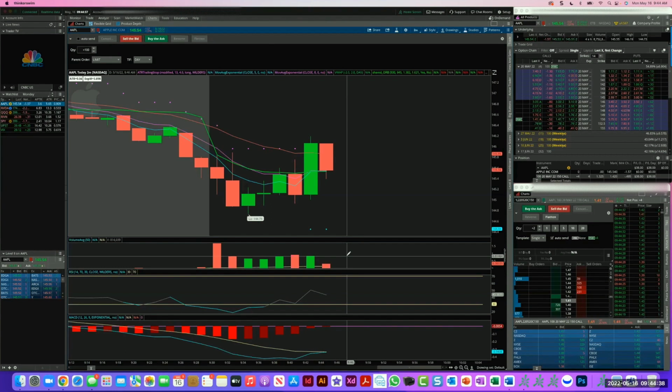Wherever the high and the low were during that period, it will automatically put those lines on the chart. It will also put the fib lines on the chart as well, which I don't really use, but they will be there.